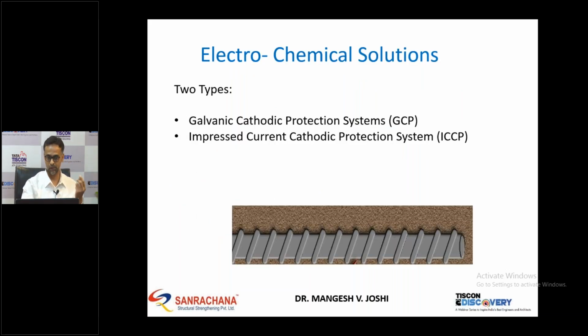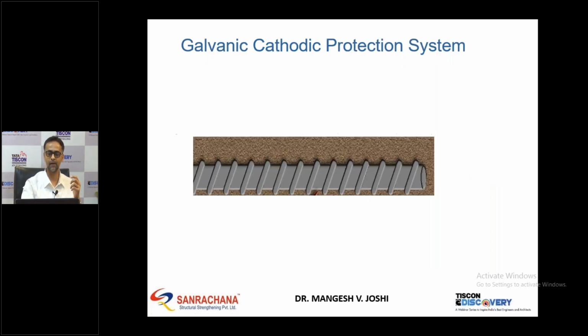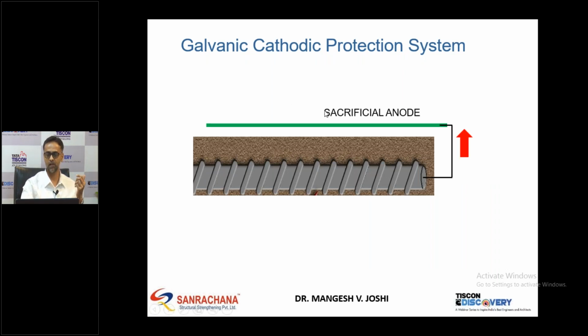Then we have electrochemical solutions like galvanic protection and impressed current systems. We saw that corrosion is nothing but loss of energy, so we can add additional energy to keep the steel in its original condition, and that can be added by creating this type of galvanic potential where we can put a sacrificial anode on concrete and connect it to the steel, so this anode will sacrifice and protect the steel inside.